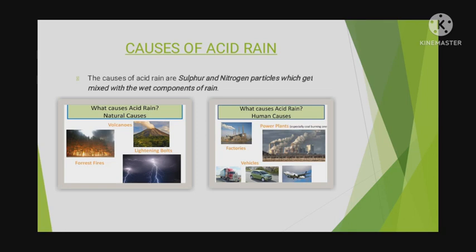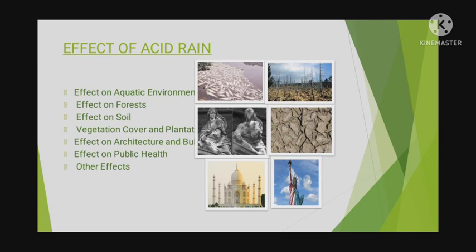Automobiles and factories also release a high amount of gases into the air. These gases react in the atmosphere with water and oxygen and other chemicals to form various acidic compounds such as sulfuric acid, ammonium nitrate and nitric acid, which leads to acid rain formation.